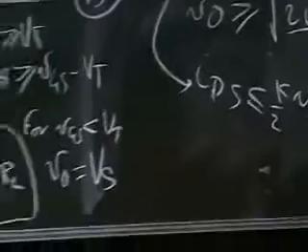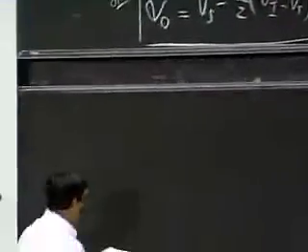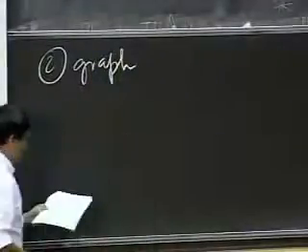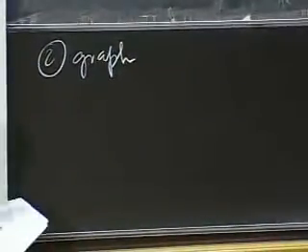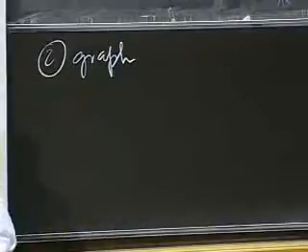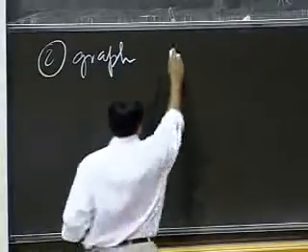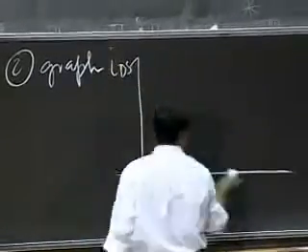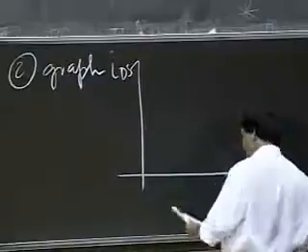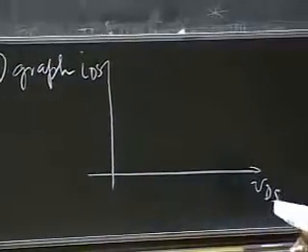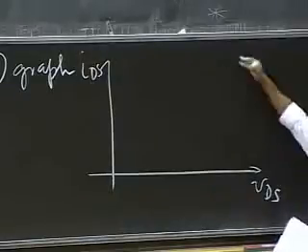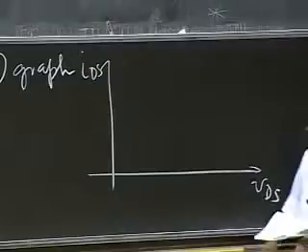So all I've done here is analyze this nonlinear circuit. I can also analyze it using the graphical method. To do that, all I have to do is plot IDS here and VDS here. As we did with a nonlinear diode, what I do is plot the device characteristics, IDS versus VDS.